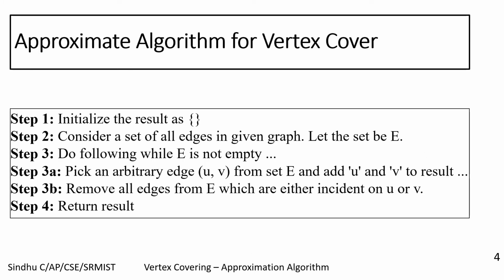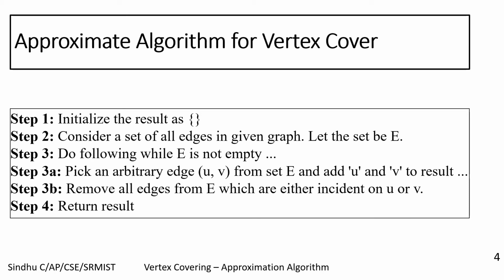So this is the algorithm for vertex cover using approximation. The first step is to initialize the set C, which is an empty set initially. Now you have to consider all the edges in the given graph. So this new set E contains all the edges.